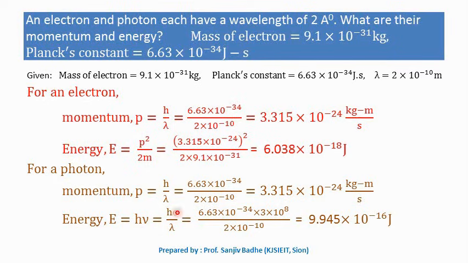So nu is equal to c by lambda because photon velocity will be equal to c. By putting the value of c equal to 3 into 10 raised to 8, we can calculate the energy of the photon, and when the calculation is done, energy of photon is found to be 9.945 into 10 raised to minus 16 joules.